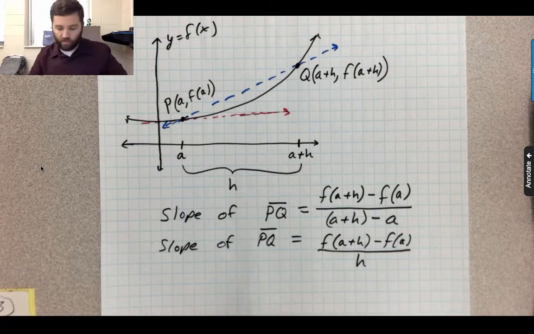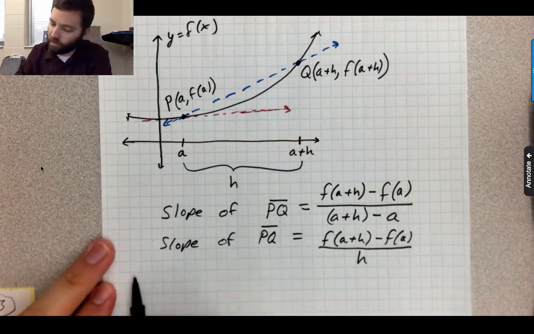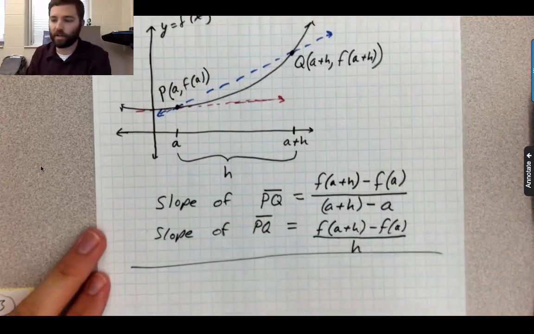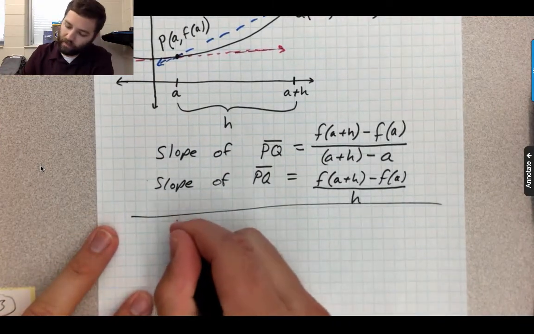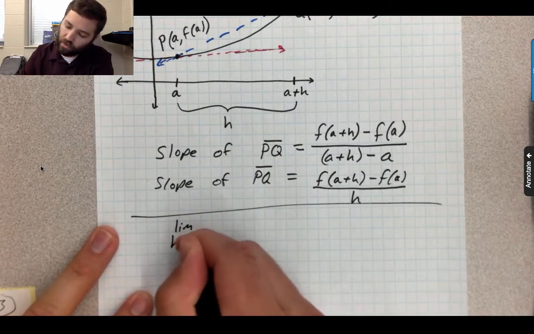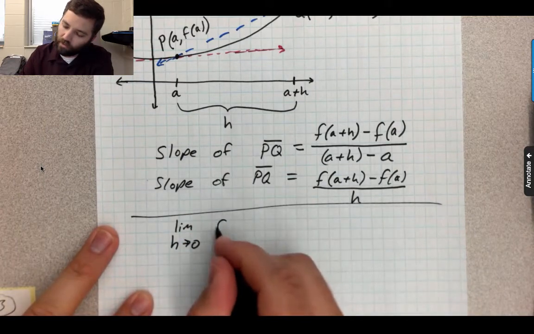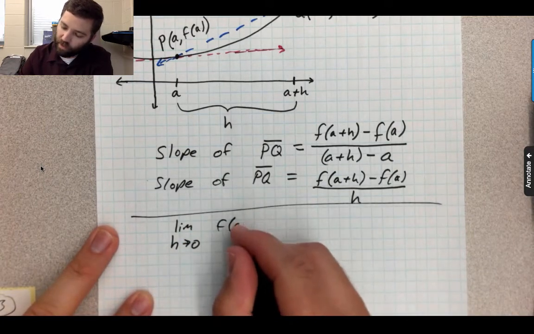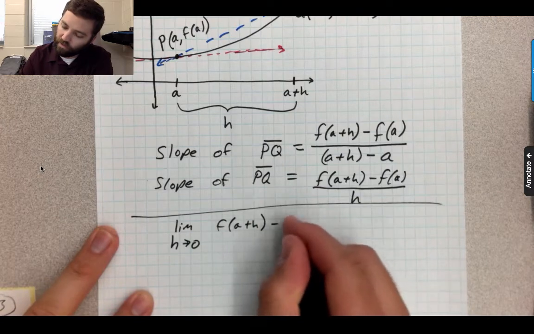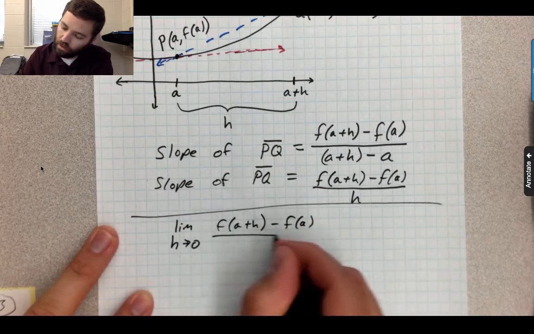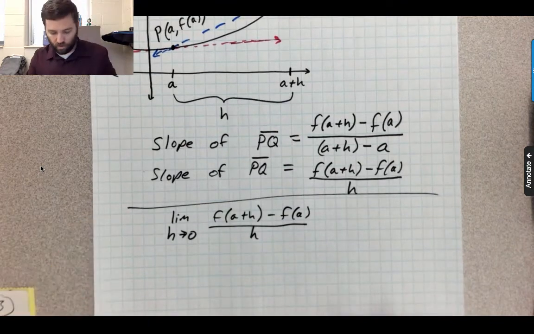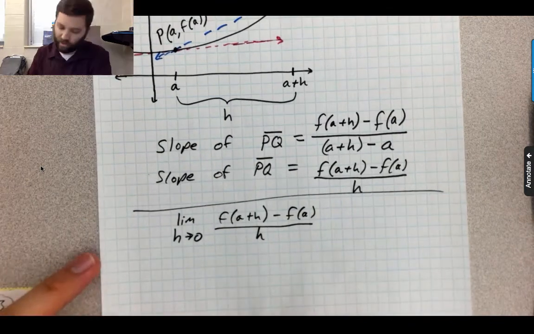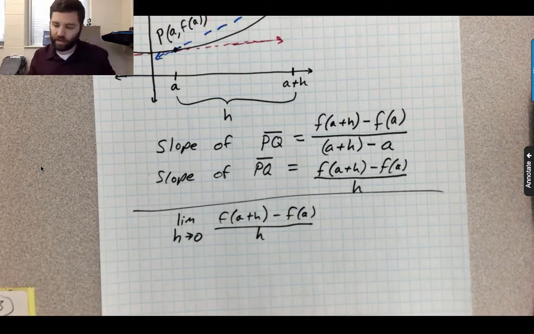Well, how do we denote that mathematically? Well, we've already talked about this idea of a limit. And so we are going to write the limit as h approaches 0 of that fraction. So f of a plus h minus f of a divided by h.